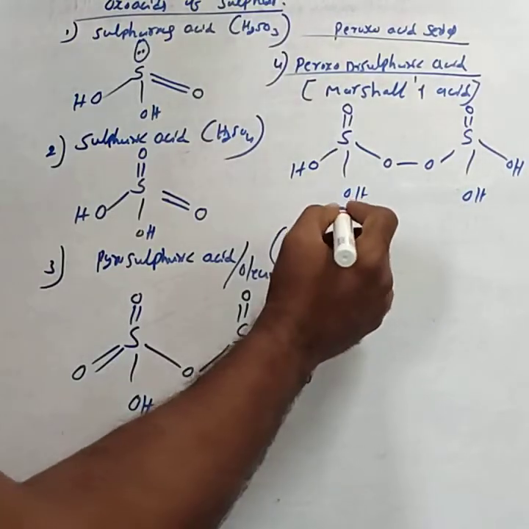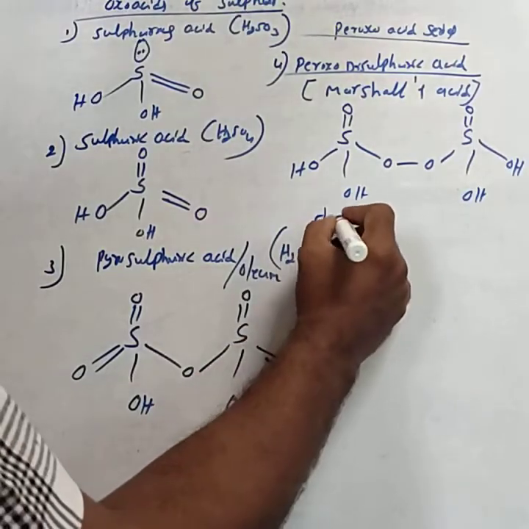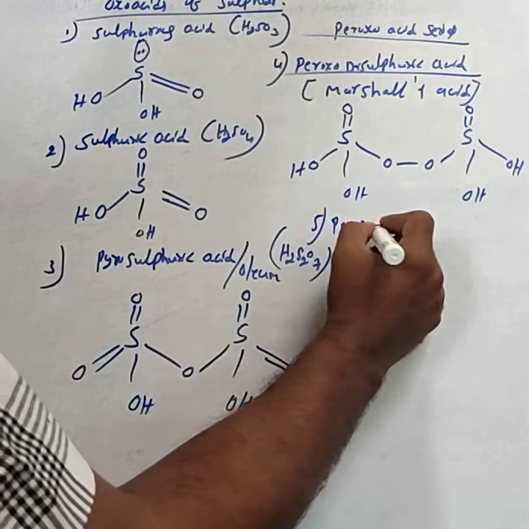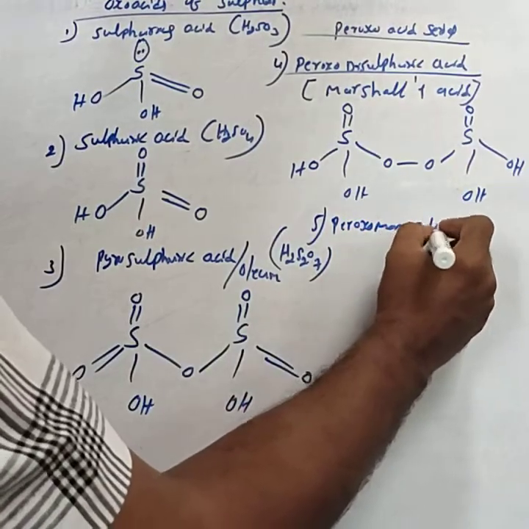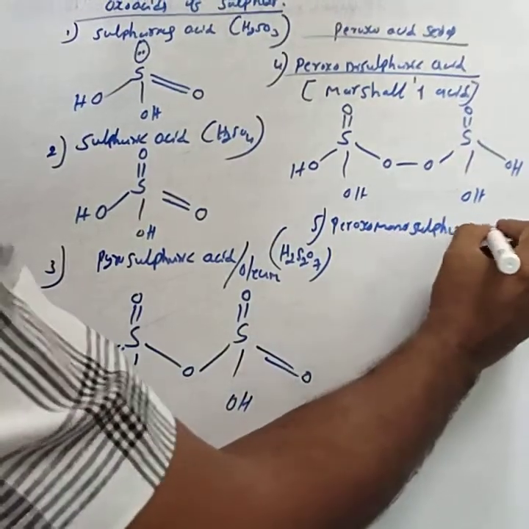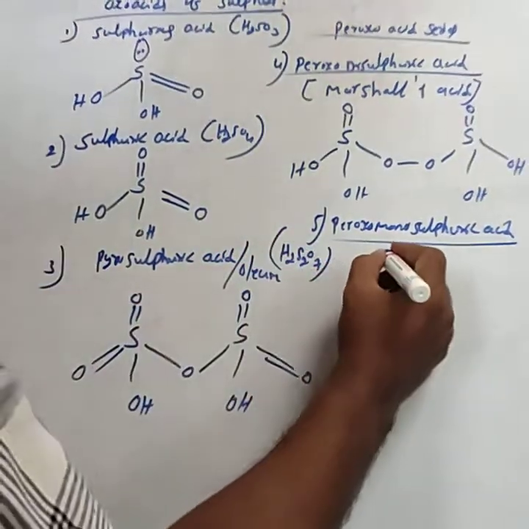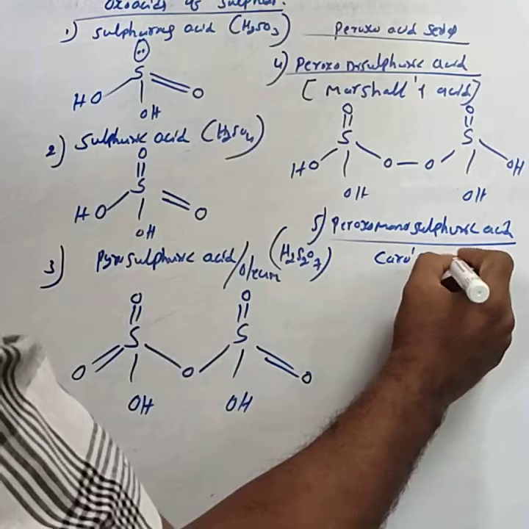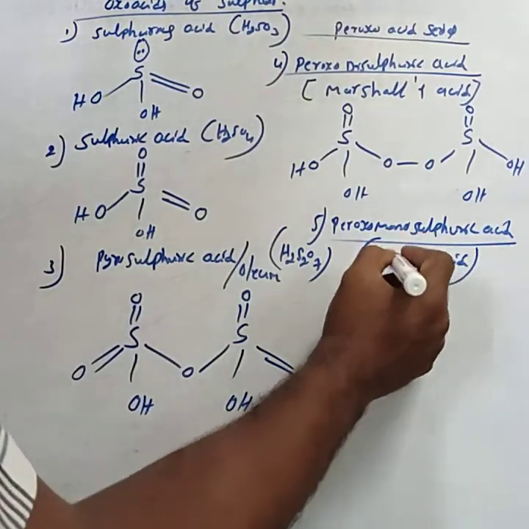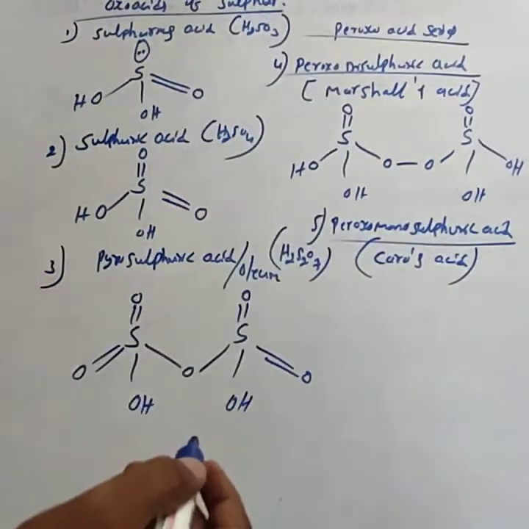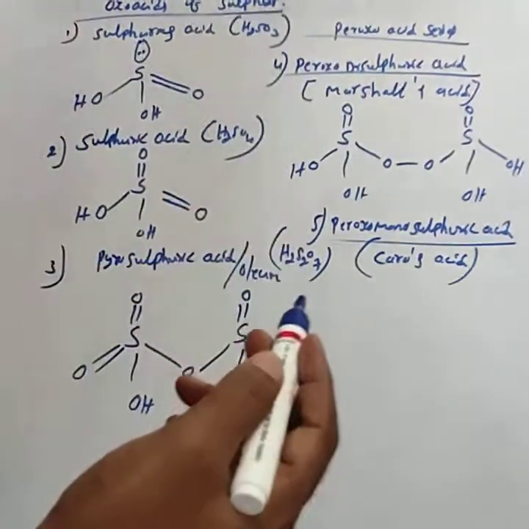One more is peroxo monosulfuric acid. This peroxo monosulfuric acid is commonly called Caro's acid. In NCERT this Caro's acid is not included, only peroxo disulfuric acid.